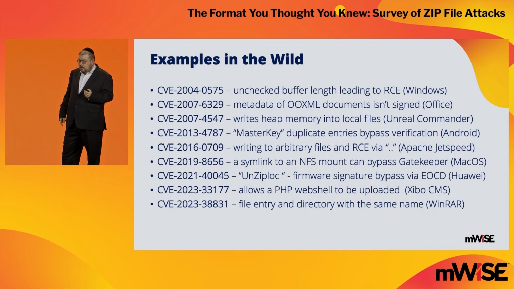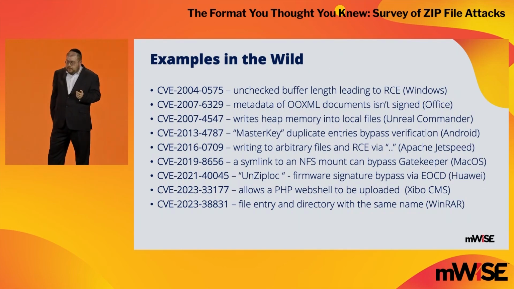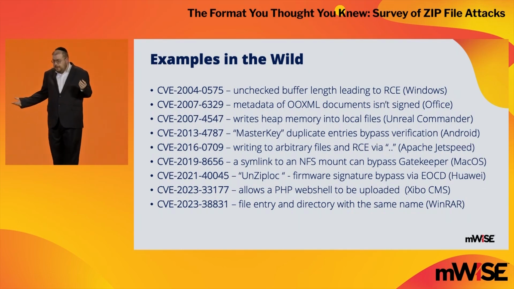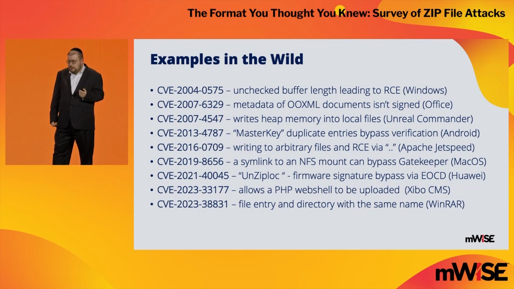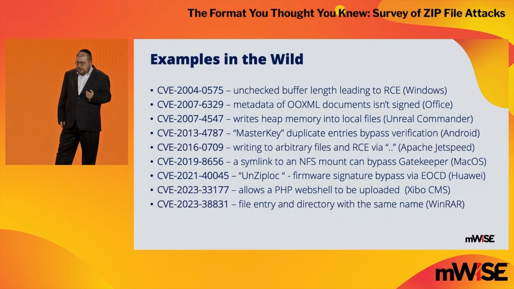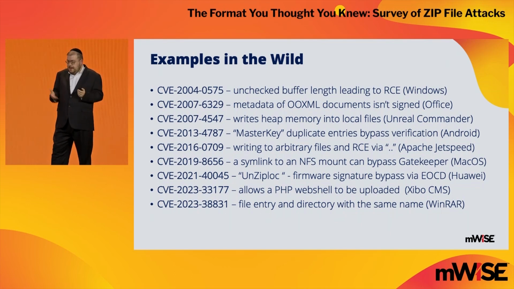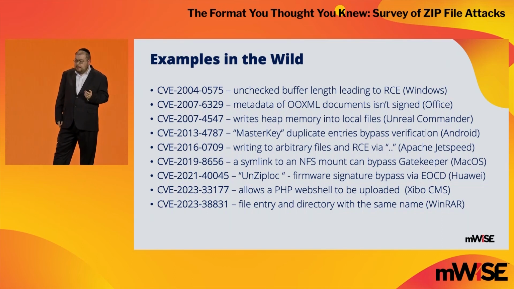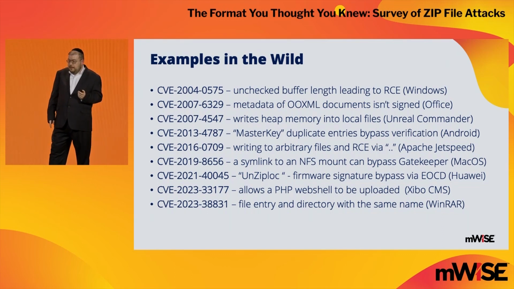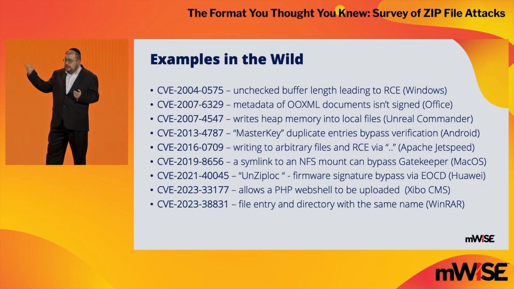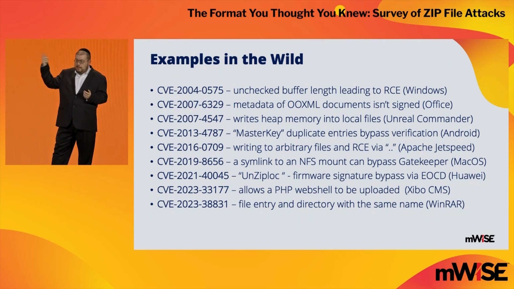Now, here are examples. The first one is basically your garden variety buffer issue. You've got metadata issues with the Office OpenXML. You've got heap memory issues. Master Key is a bypass for Android, where you could bypass the signature scheme. You've got arbitrary file writes through the dot dot. Again, this is a remote vulnerability through a web shell.